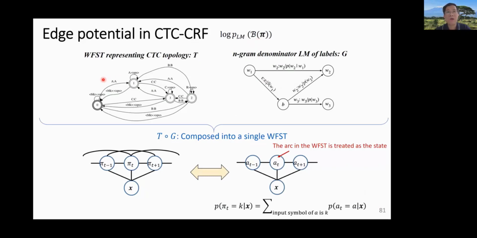If we denote the WFST representation of CTC topology by T, and the n-gram LM of labels by G, then T and G can be composed into a single WFST, and it can be seen that a path in the resulting WFST corresponds to a state sequence pi.